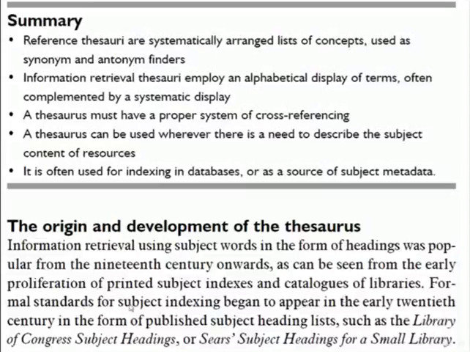Formal standards for subject indexing began to appear in the early 20th century in the form of published subject heading lists, such as the Library of Congress subject headings or Sears, subject headings for a small library, and so on. That was a summary.